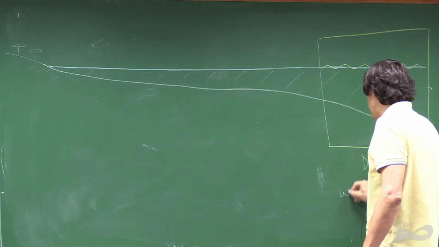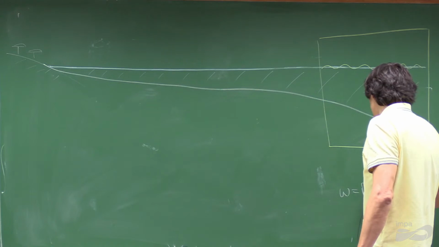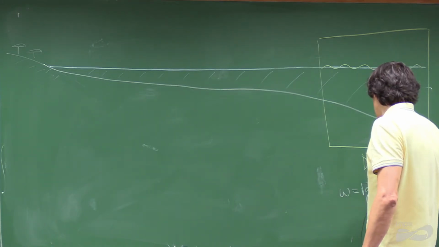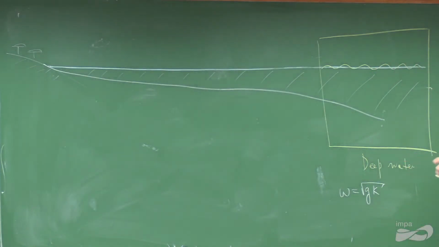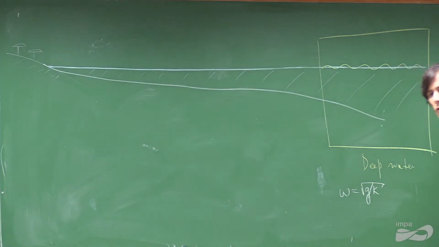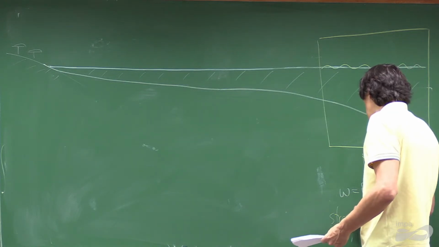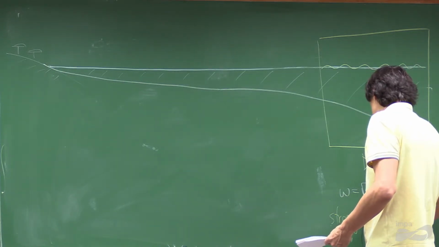The dispersion relation was, I think, like this, over k. So this is strong dispersion.